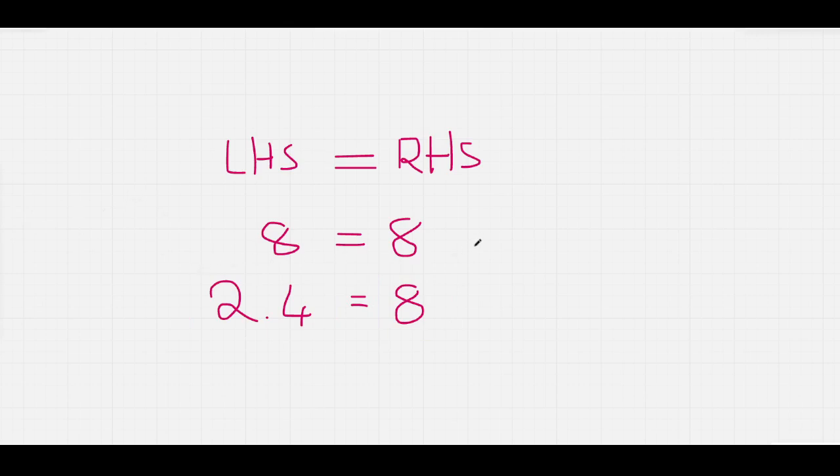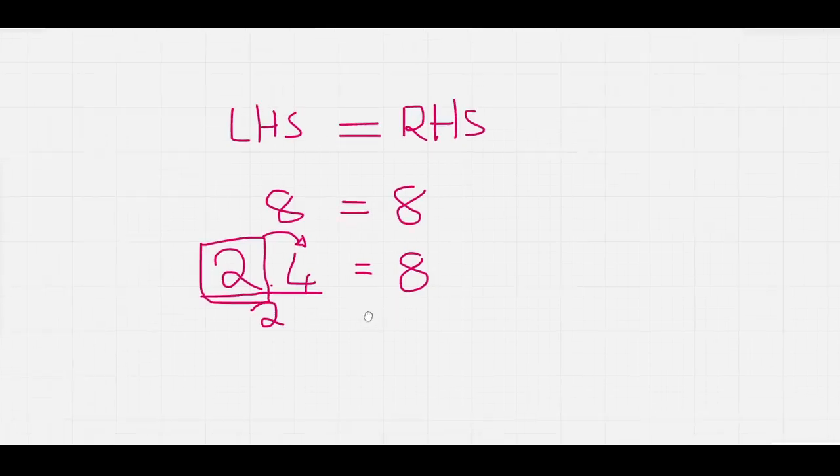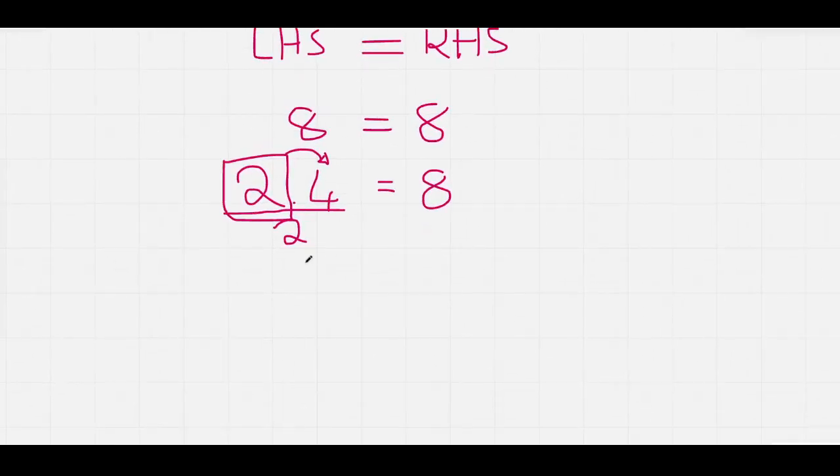Now with that in mind, with the idea that whatever we can do in math we can undo, if I look at this operation here, I can see that this 2 is doing something to this 4. And the operation being applied here is multiplication. If I want to get rid of that multiplication, I can divide this side by 2. Which means that I now have an equation where 4 is equal to 8.